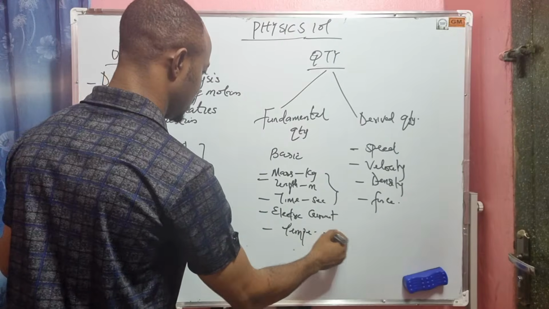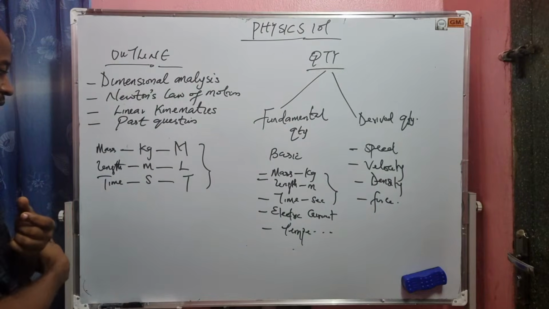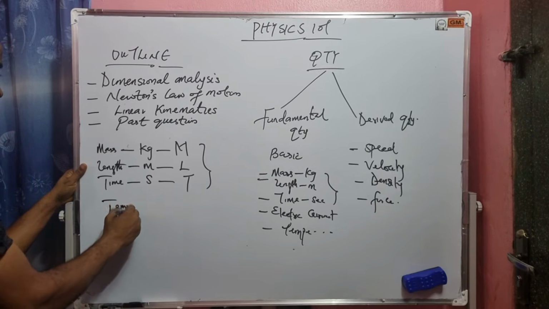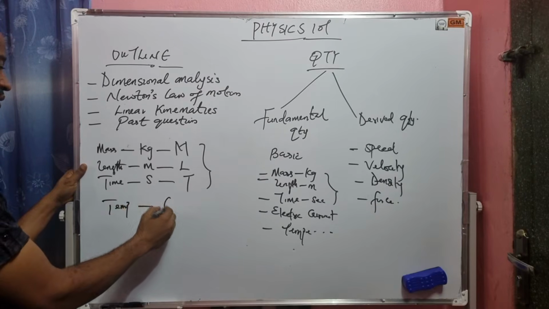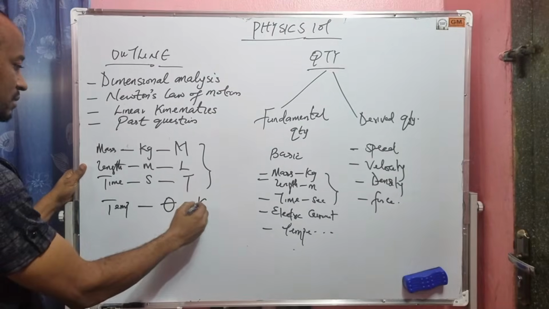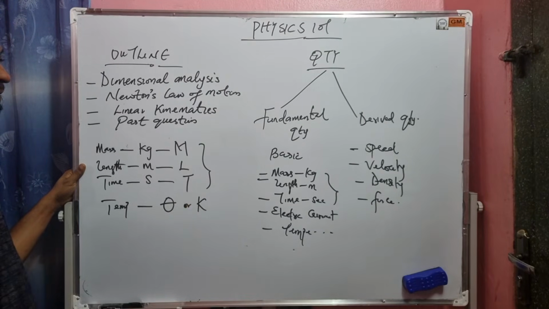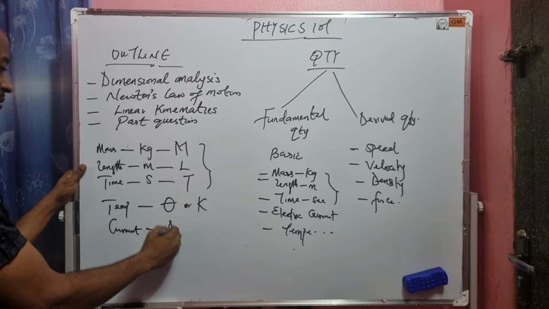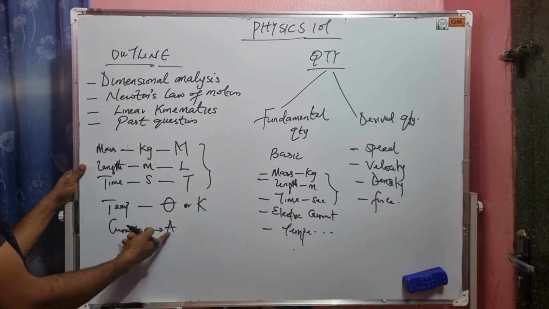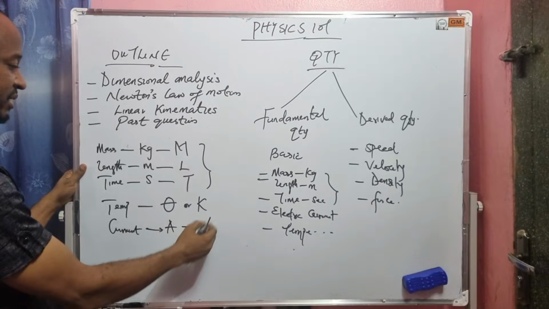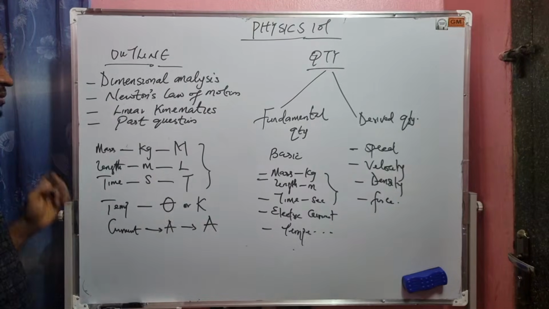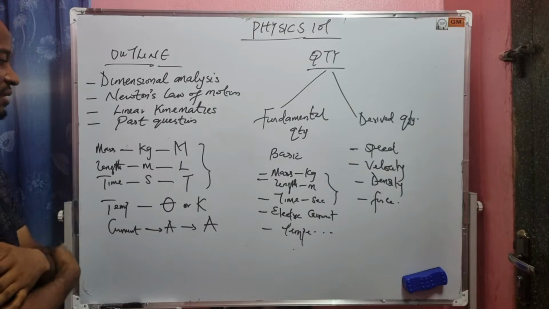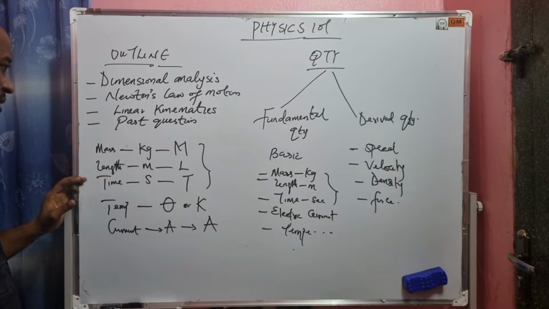Temperature is mostly represented by theta or K. Then electric current, which is measured in amp, we use the unit to represent its dimension, capital A. But the basic three fundamental quantities of the metric system of measurements are the mass, length, and what? And time.